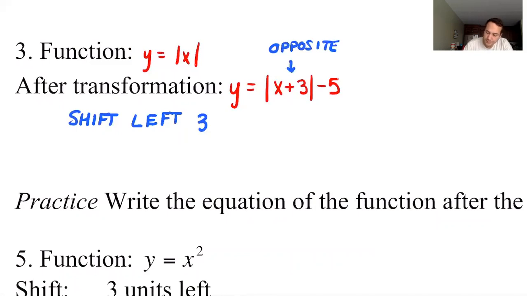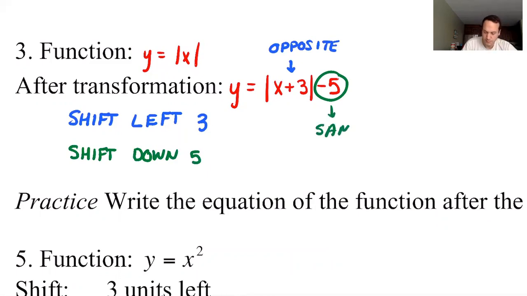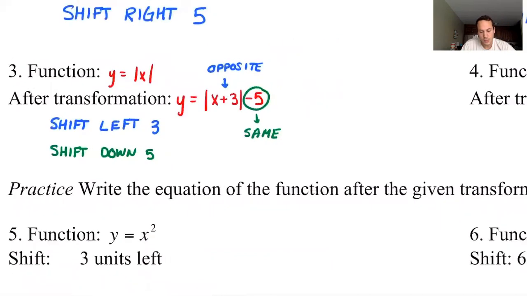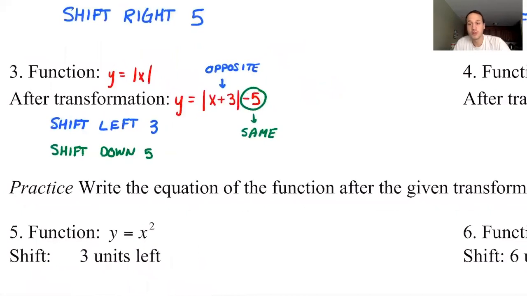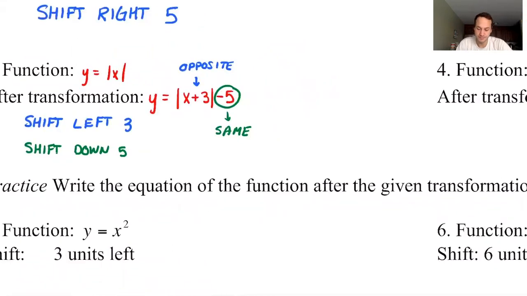But then there's this -5. That happens in the same direction. So this is a shift of down 5 units. Okay, so be aware that you can have multiple transformations at the same time.